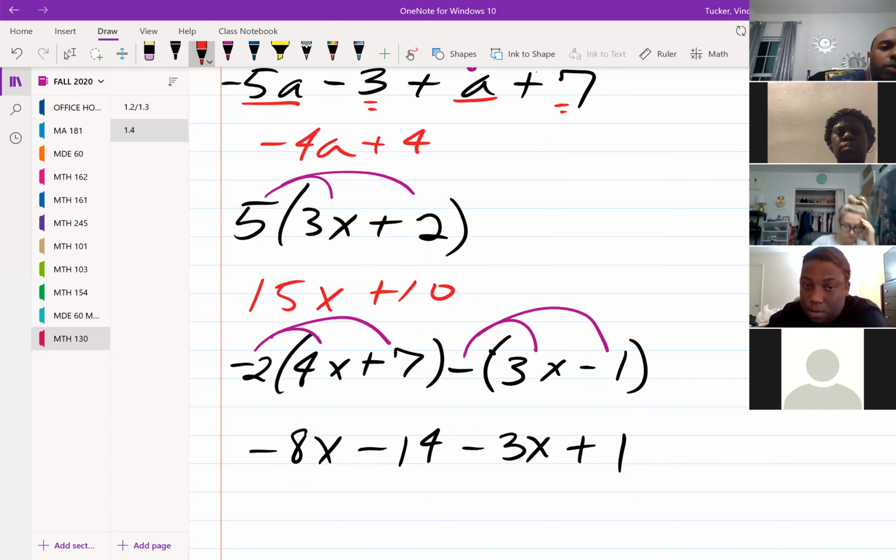Combine your like terms, negative 8x, negative 3x, negative 11x, negative 14 plus 1, negative 13.